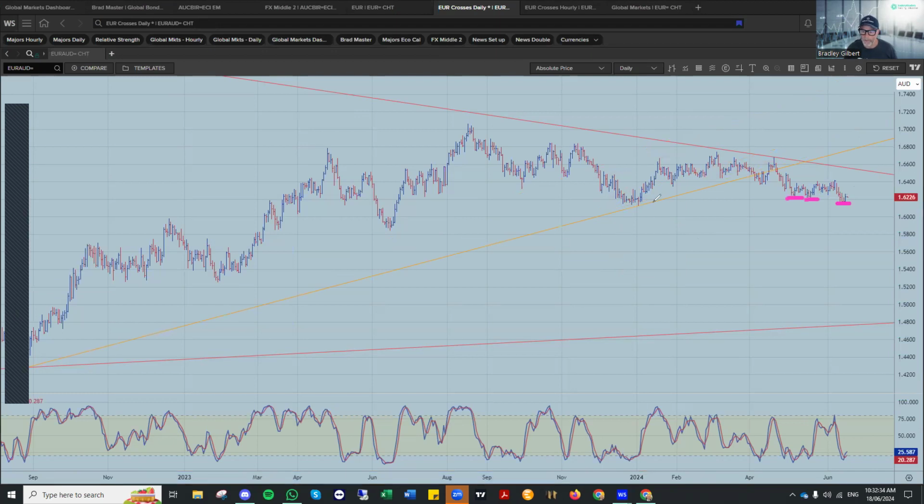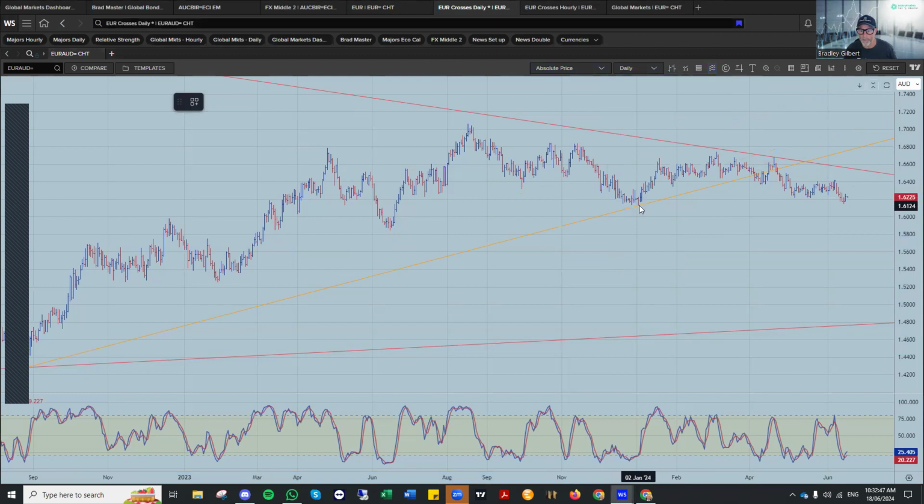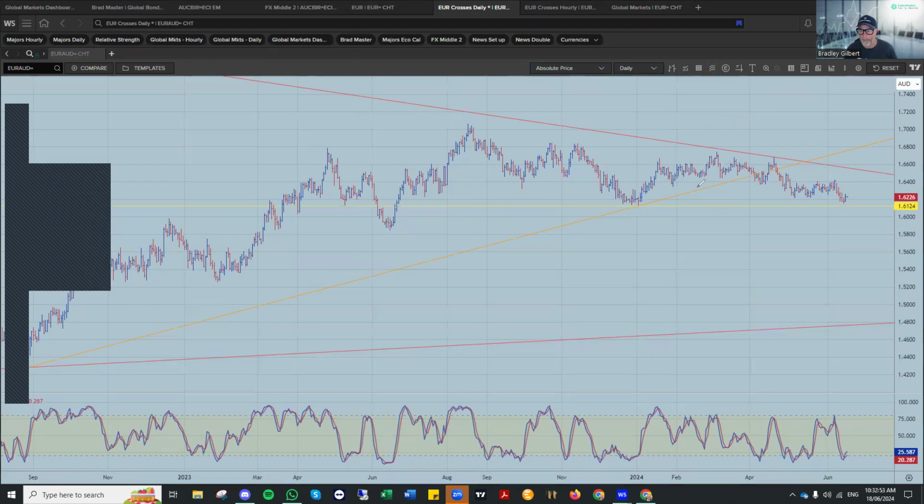When it's just rolling sideways but down, it's almost like a pivot point. Think of it that way. That's where you can come in and draw your horizontal trend line and go, you know what? I don't really have a support trend line because it's just trading sideways but drifting lower. That potentially becomes your level.